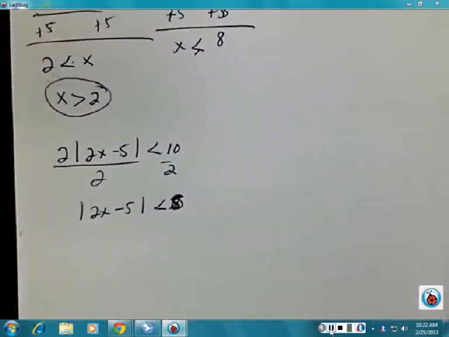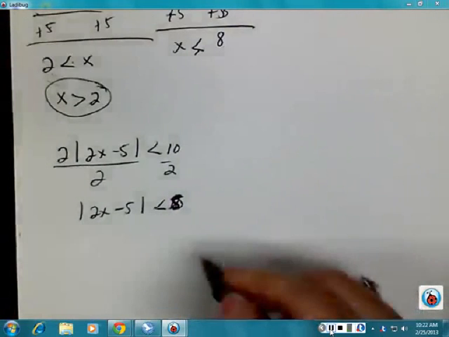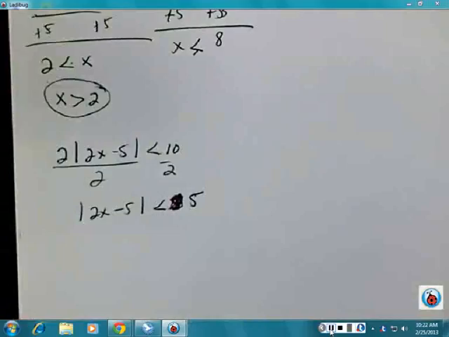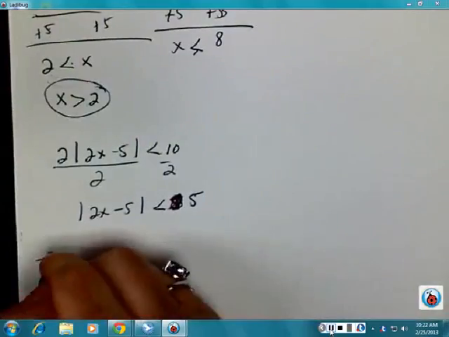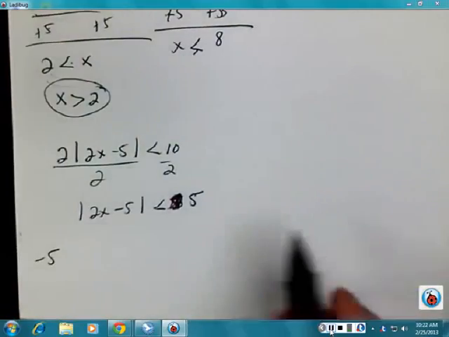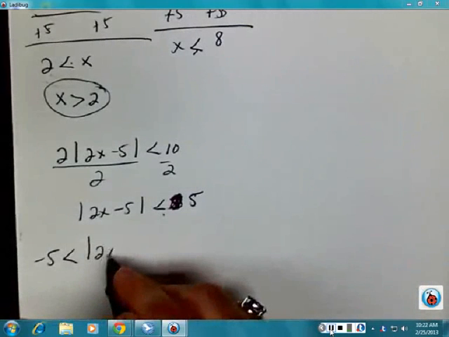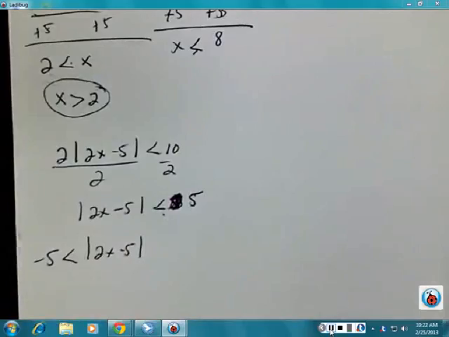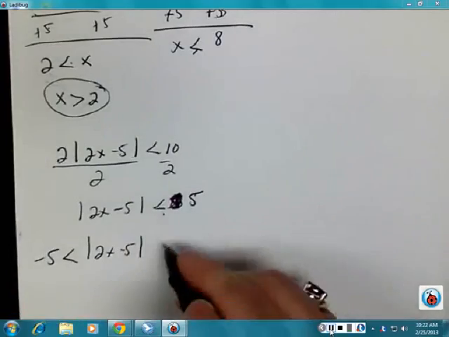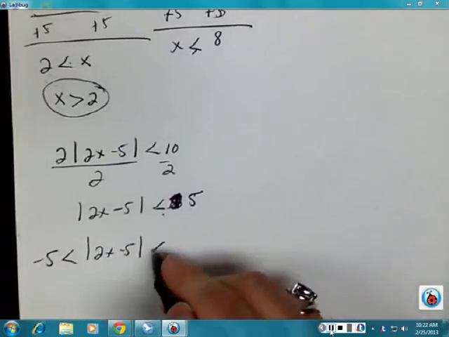Okay. How am I going to get my two equations? Oh, this is a 5. It'll be negative 5, keep the same sign, less than 2x minus 5.